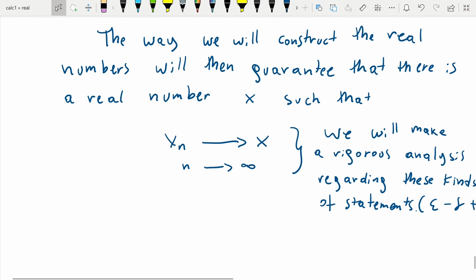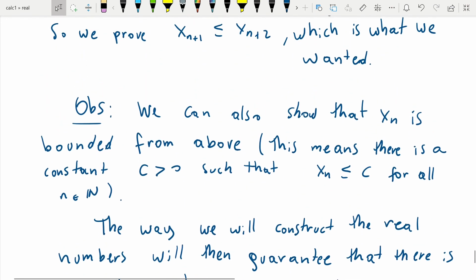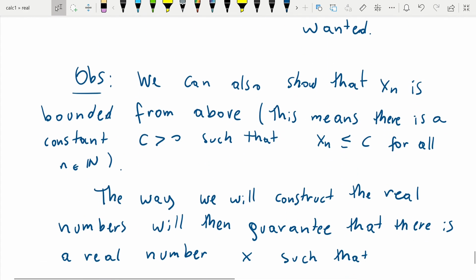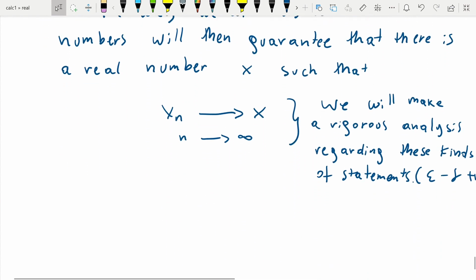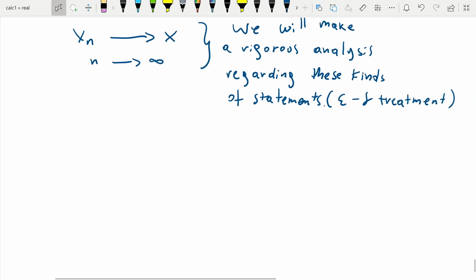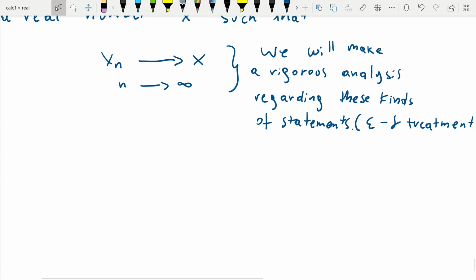Okay, so the two key things here are that x sub n is increasing, and the second one is that xn is bounded from above. And something that we'll refer to as the least upper bound property, or the axiom of supremum, will allow us to conclude the existence of such a limit x.